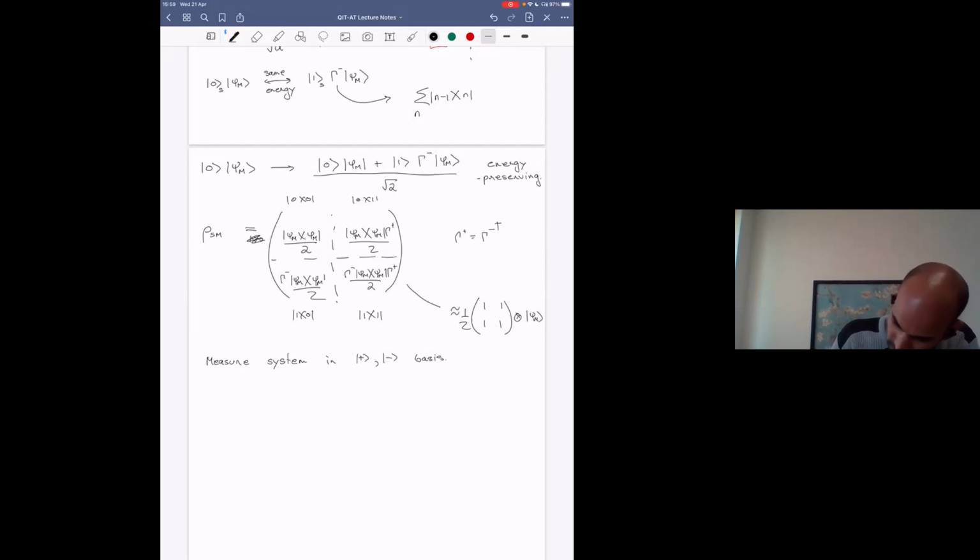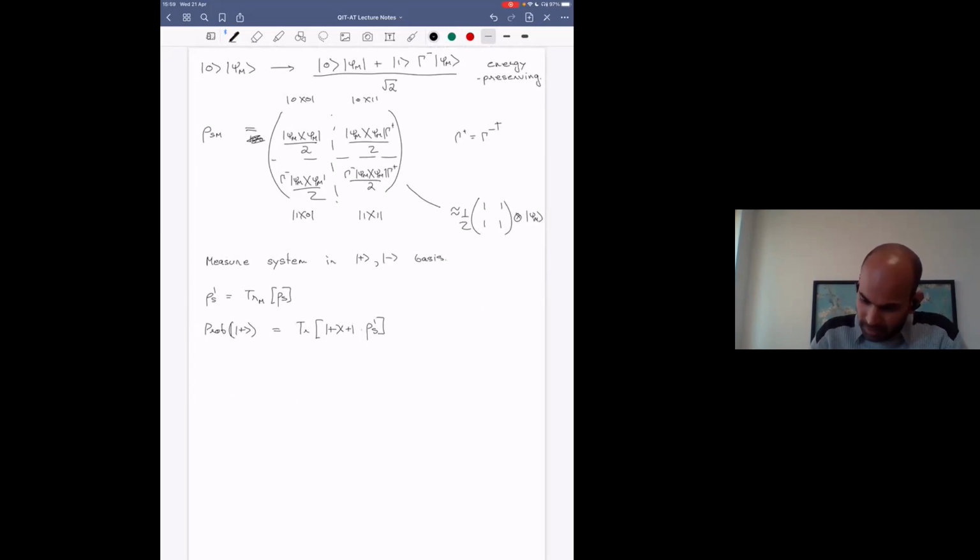And the way to do it is, of course, I take rho system prime, which is the trace over the machine of rho system. And then the probability of being in plus, for example, is just the trace of the projector on plus times rho system prime. The first step is going to give me the state.